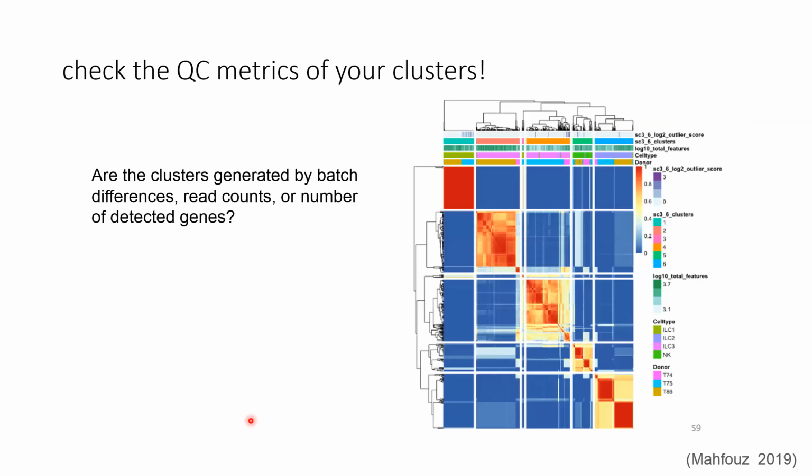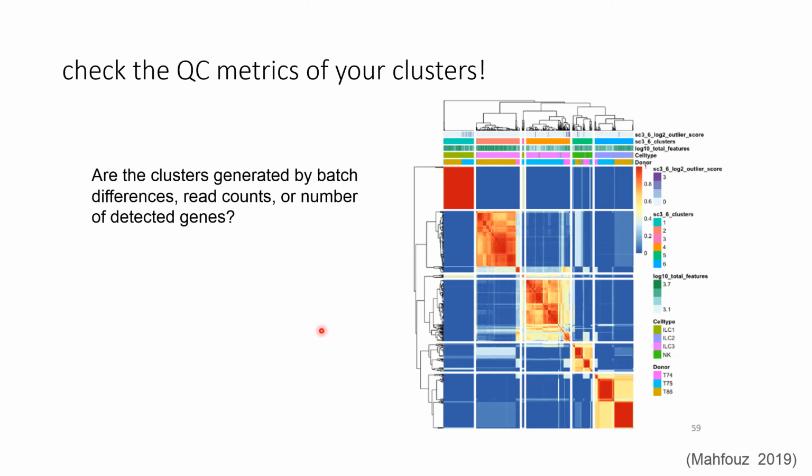So another important thing to do is to always check the quality control metrics of your clusters. To do this, you can graph different quality control features on top of each cell when visualizing which cells belong to which cluster. This can reveal whether there are patterns caused by batch differences, read counts, or number of genes per sample.